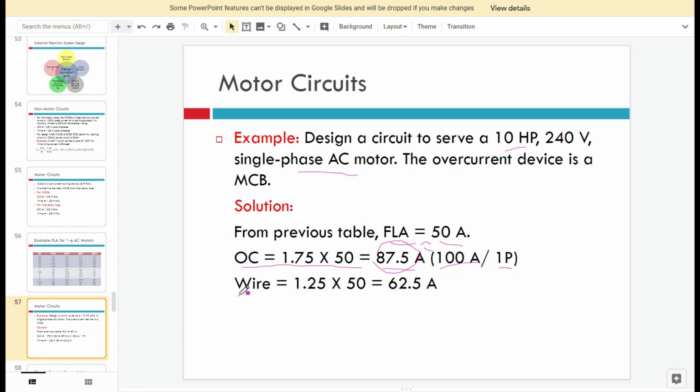And then for the wire, for the cable, we use 1.25 times 50, equivalent to 62.5 amperes. So this one is for the MCB, and this one is for the sizing of the cable.